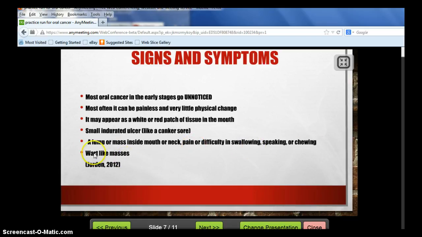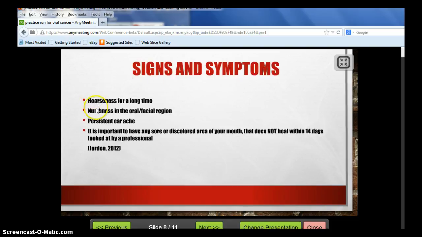Wart-like masses: when it's a wart, it's more linked to the viruses. More signs and symptoms are hoarseness over a long time, numbness in the orofacial region, persistent earache, and it is important to have a sore or discolored area of your mouth that does not heal within 14 days looked at by a professional.